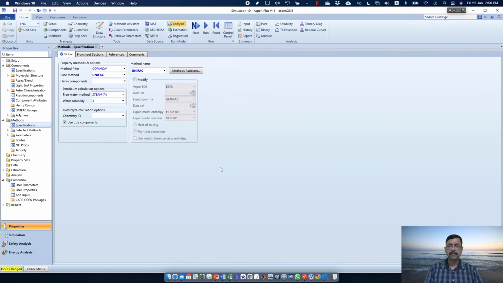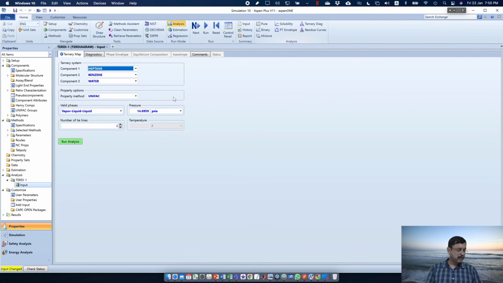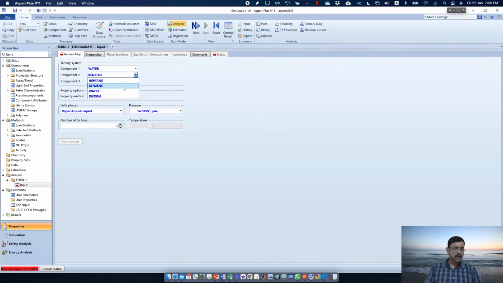For that, we have to get the ternary diagram. So this is the ternary diagram. Let us take water as component 1, dimethyl formamide as component 2, and benzene as component 3.